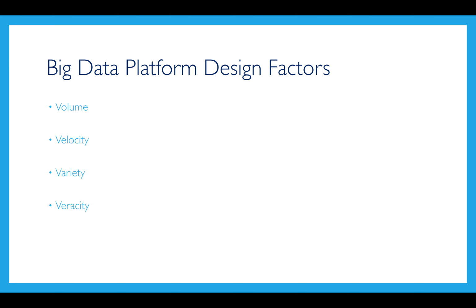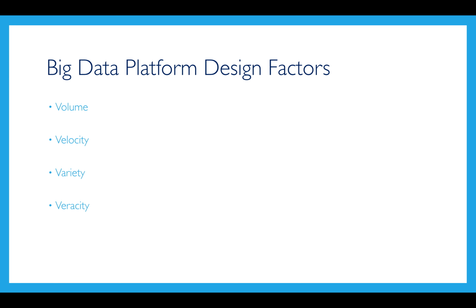Now, if someone wants to design a big data platform or big data service, they should address all these four V's in their service or design architecture. The first V is volume. They should have infrastructure capable of handling the volume of data, and it should be scalable.